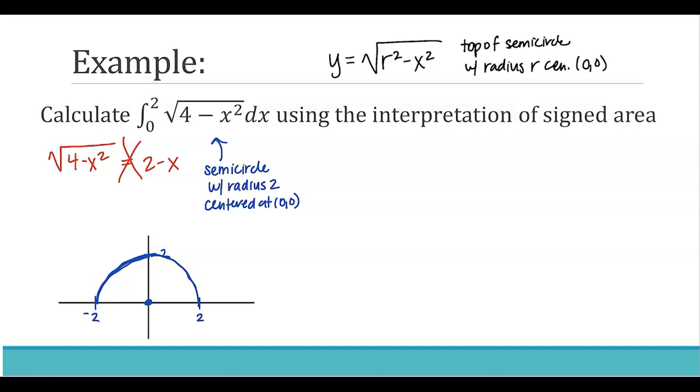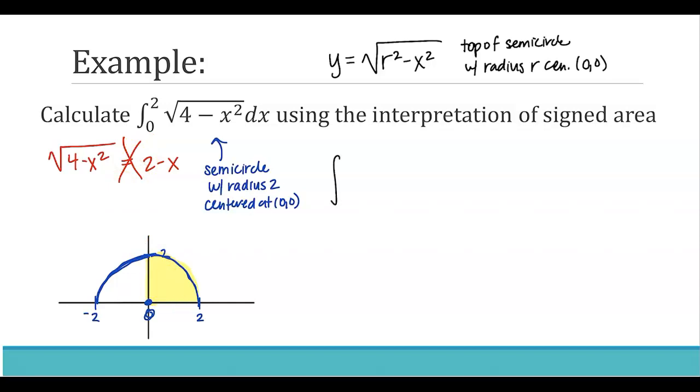Okay, there we go. So we have a semicircle with radius 2 centered at the origin. That's the function. Now I'm interested in the signed area between 0 and 2. So 0 here and 2 means that I'm interested in the area of a quarter circle. I'm interested in the area of this quarter circle right here.